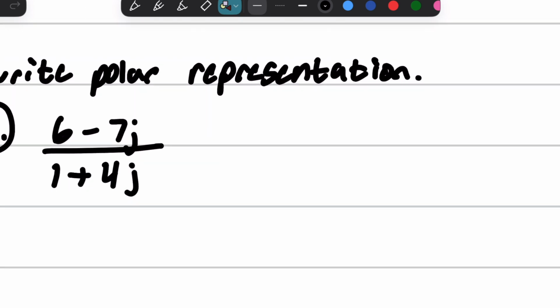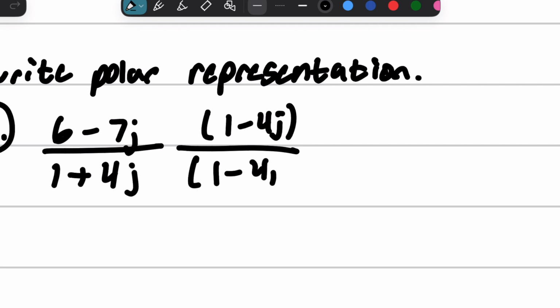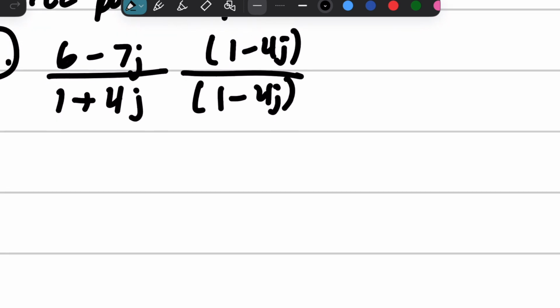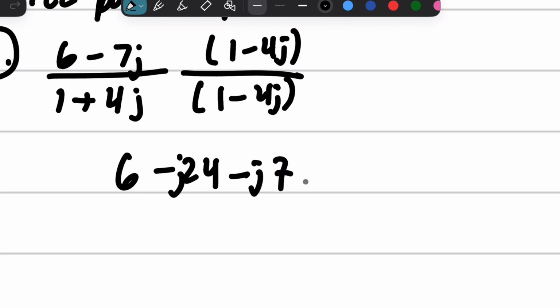Now for our last problem, we're going to do the same thing like so, and we are going to multiply across the top, so it's 6 minus 24j minus j7 plus 28, or minus 28j, 28, just 28.